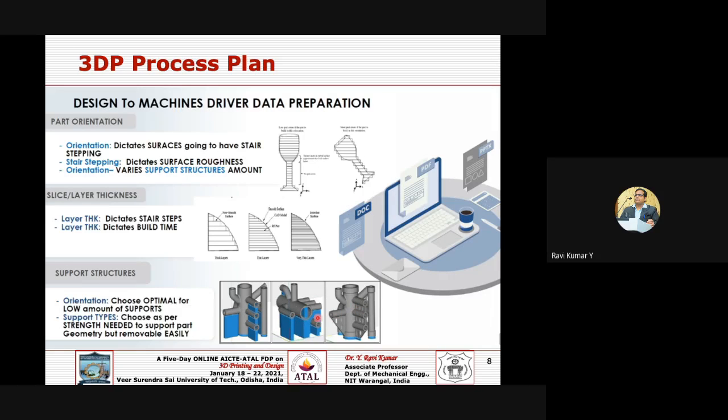But again, you may not eliminate the supports, but you could minimize the supports maybe by adopting some kind of design rules, some thumb rules to be followed, and again it may vary from one technology to another. Why?